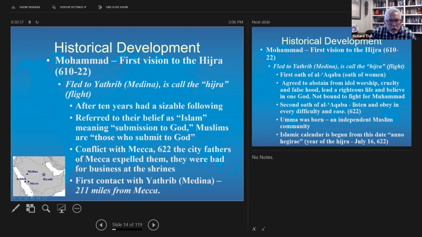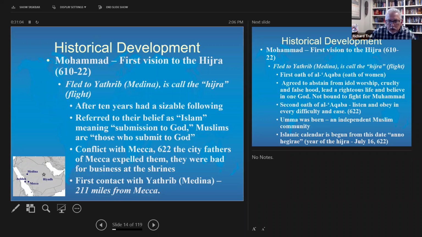So he would flee to the place called Yathrib, or we call it today Medina. And so this immigration there, or sometimes we call it the flight to this location. Medina will become the place where he's going to start establishing Islam as a religion.